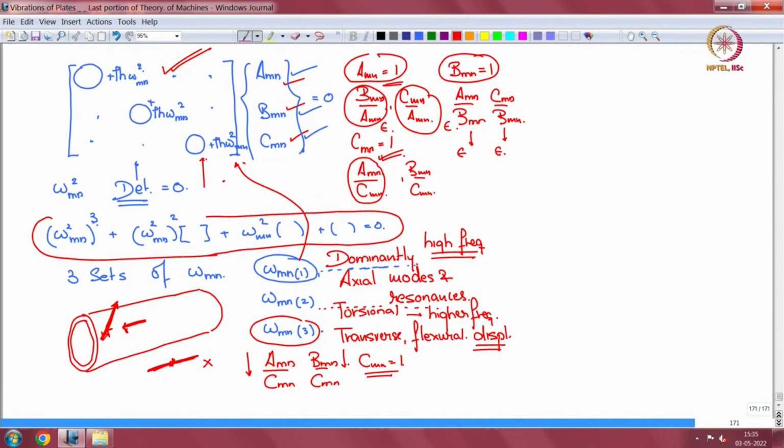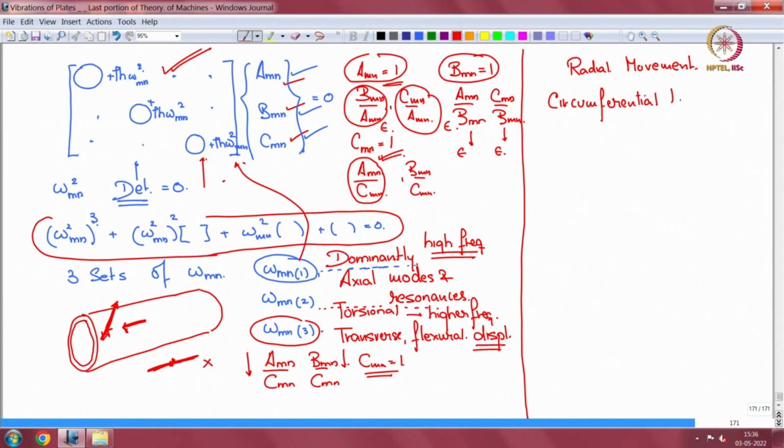Now the last point I want to make about shells is that with respect to the radial or transverse movement, if we look at the circumferential behavior, that means with respect to n, the index n.